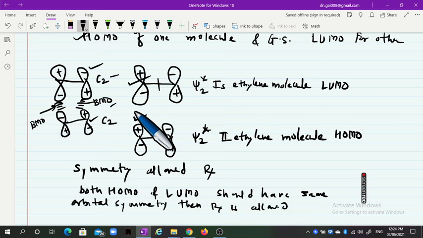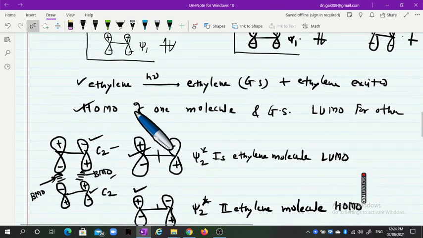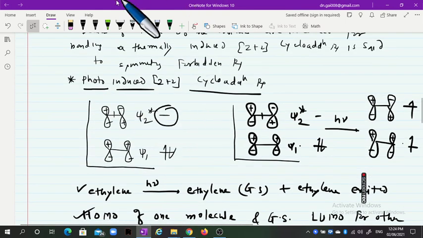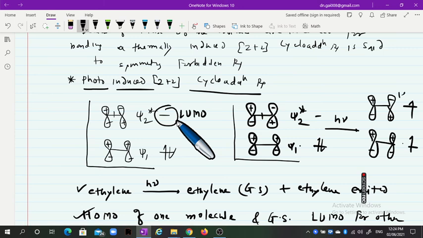And if there is no symmetry, then it is a disallowed reaction. In this reaction we always consider the lowest unoccupied molecular orbital. If it is excited, there is no lowest unoccupied molecular orbital.